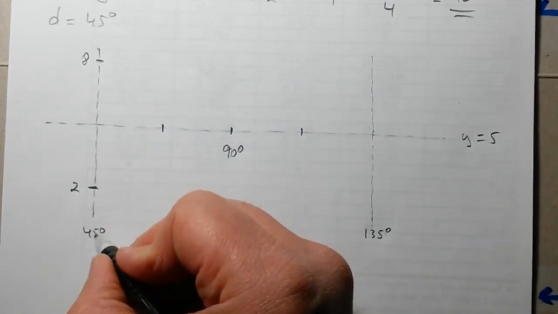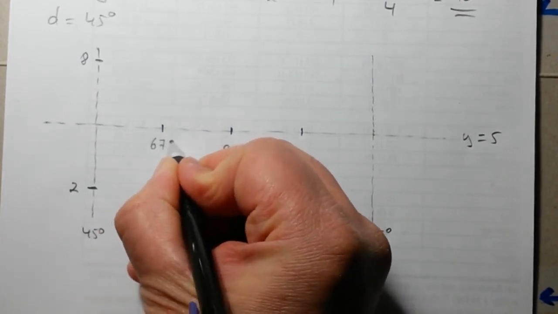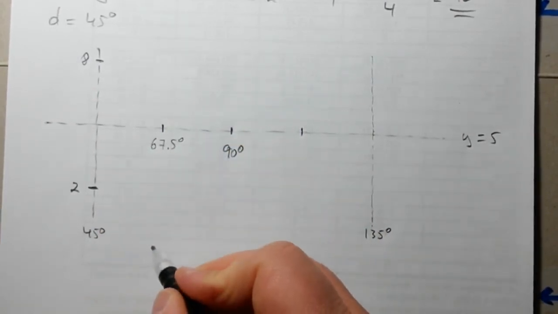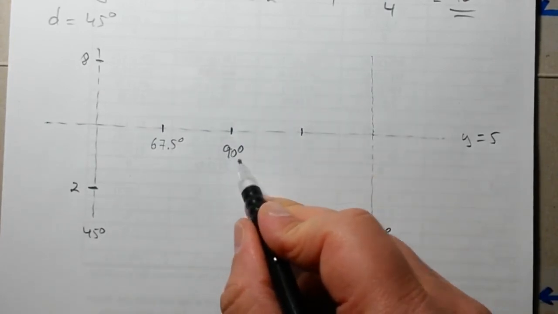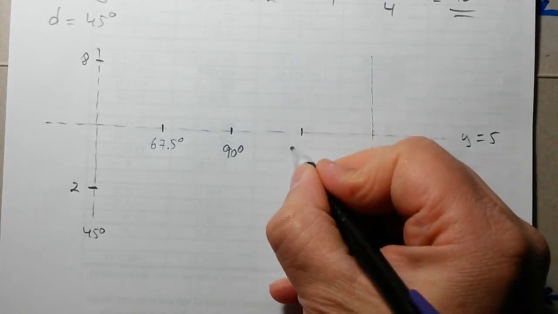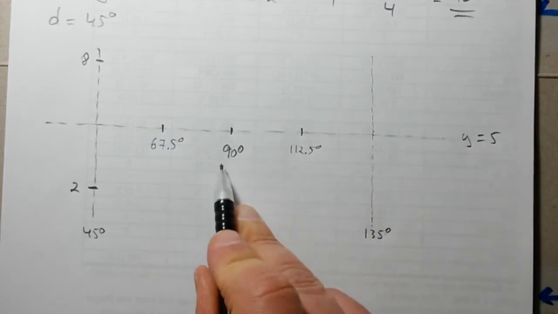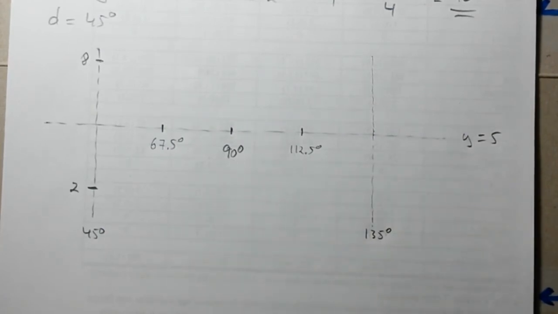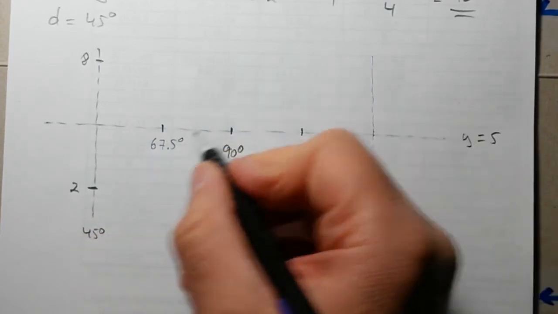That gives us 67.5 if I'm not mistaken. Yes, and then another 22.5 here, which will give us 112.5. So that's it. We've got all our data.